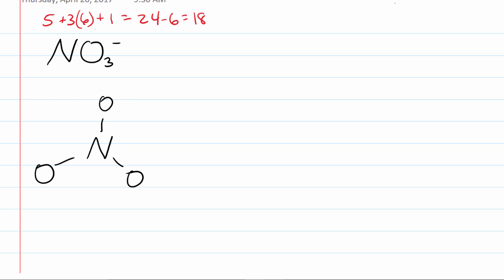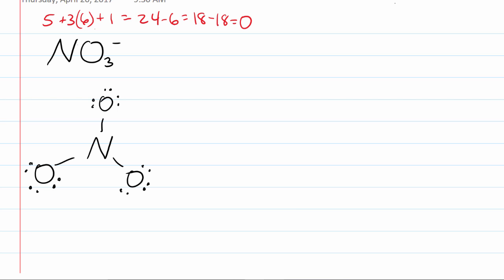So then we assign those extra valence electrons as pairs to the surrounding atoms. We put in 2, 4, 6, 8, 10, 12, 14, 16, 18. Of course, now we've used up all of the valence electrons. We have 0 remaining.